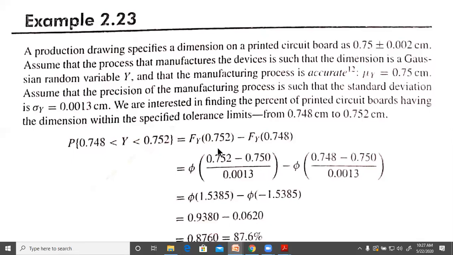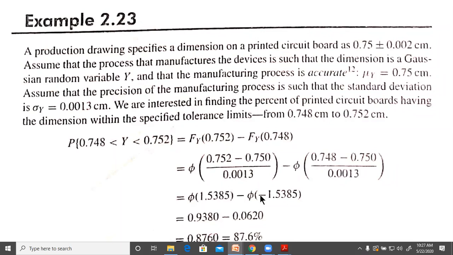It is y minus mu y divided by sigma y, because we have F_Y here. Similarly for this also, y minus mu y divided by sigma y. So you write both there.